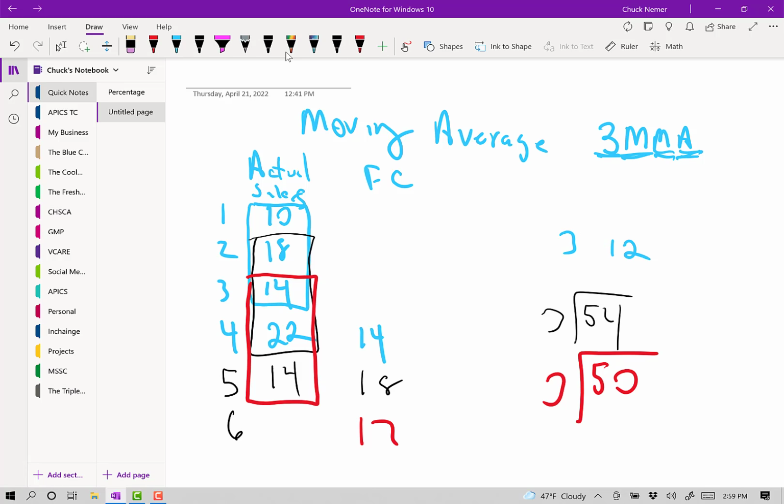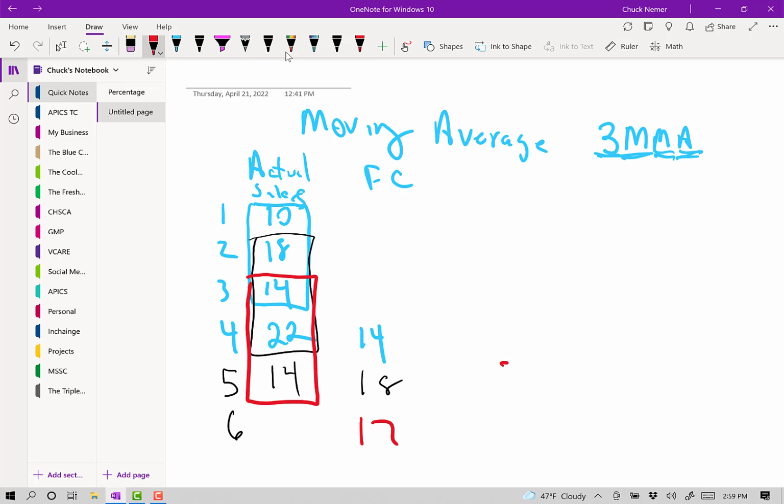If you wanted to look at it visually, if you're a visual learner, we've got demand going from 10 to 18 to 14, 22 down to 14. Okay? So the 3-month moving average is saying, take the last 3 data periods, 10, 18, and 14, add them up, divide by 3, and that's going to give you your forecast for the next month, which I'll just put as FC right here, forecast.